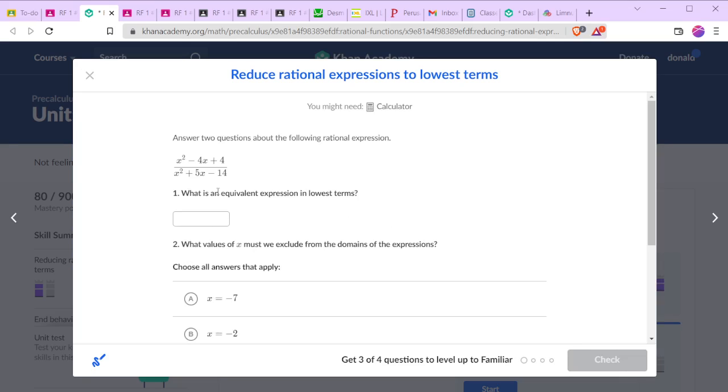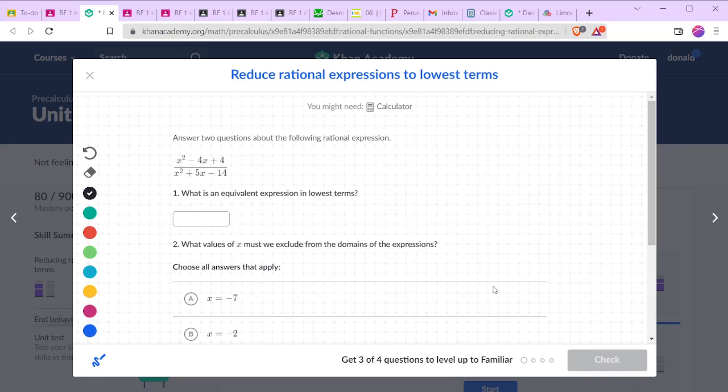Now here we want to find an equivalent expression in lowest terms. What we are given is a numerator that factors as x minus 2 squared and a denominator that factors as x minus 2 times x plus 7. The 2 and the 7 multiply out to 14.